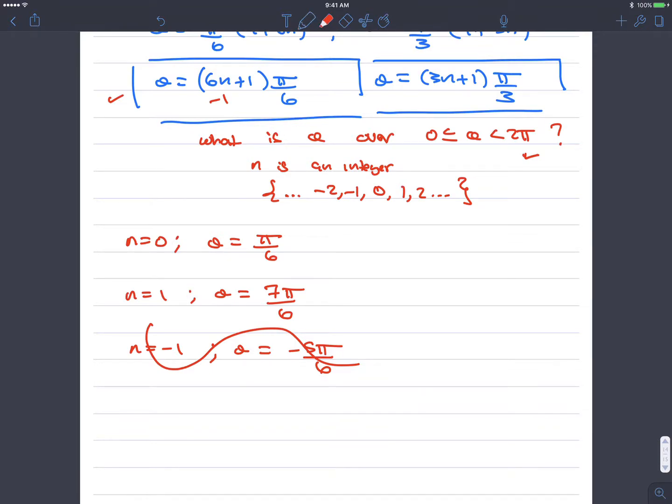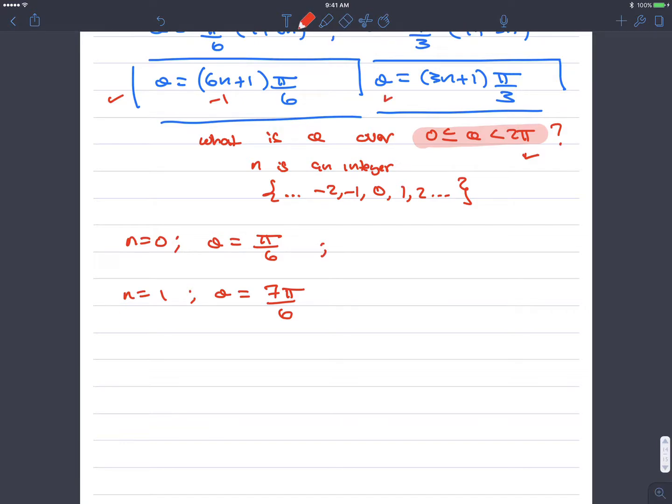Yes, you go back to your restricted domain. If they want the solution in the restricted domain, this is how you approach it. Now that's just for this first case. N is 1 here; I erased the wrong thing. I don't need this, even though it's a solution. It's not in my restricted domain.